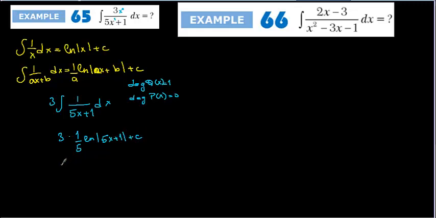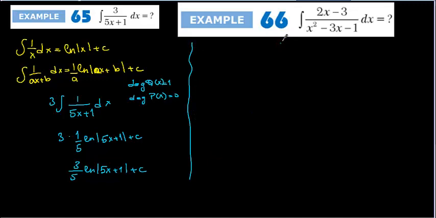And if you write this expression one more time, 3 over 5 ln absolute value of 5x plus 1 plus c. And here, of course, there is no term, that's why I'm going to write it as 3 over 5x plus 1 only, not to confuse the solutions later.